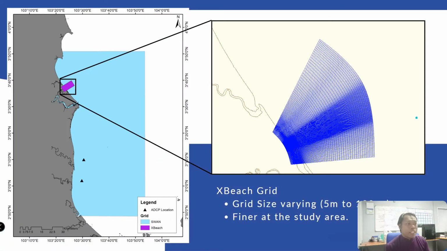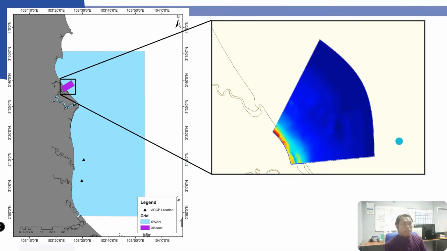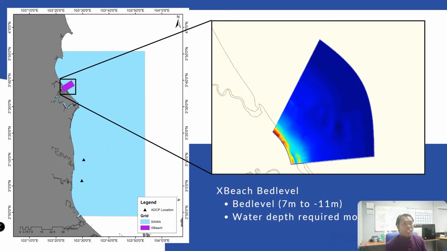Basically, this is my grid for the XBeach. The grid size varies from 5 to 100 meters. This can cut off the computational time because we need a finer grid at the study area compared to the offshore. This is my XBeach bed level.